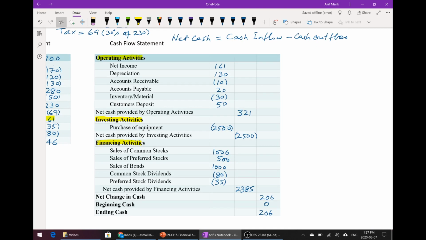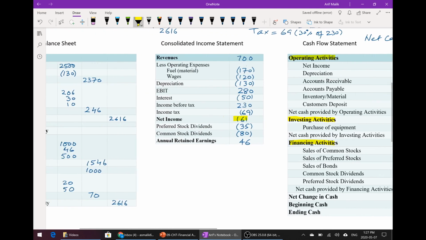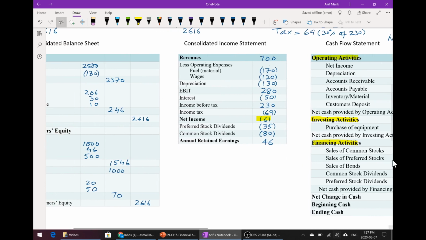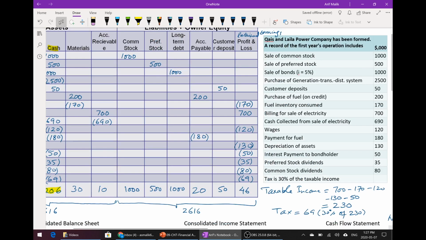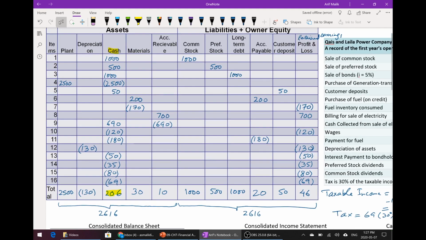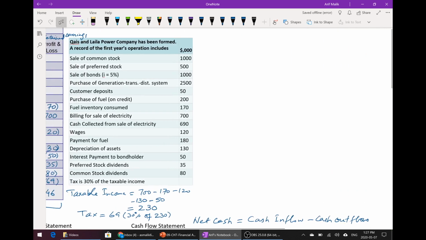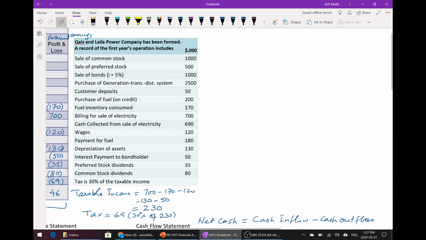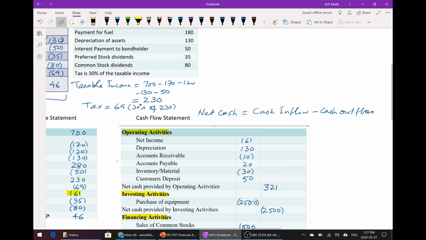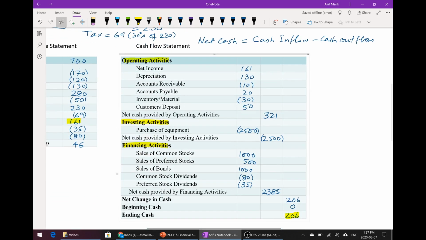Again, you can see that we got 206 here, and it is the same amount we got with the direct method. The direct method is cash inflow minus cash outflow, which is the net cash, coming over here as 206.